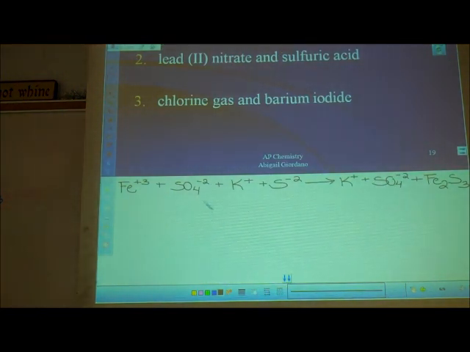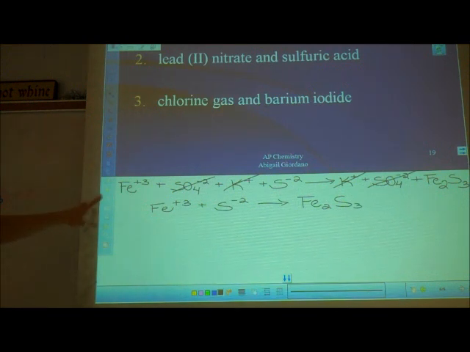Please tell me what I can cancel out. Okay, sulfate. What else? When you cross an ion out, what kind of ions are those? Spectator ions. Okay.